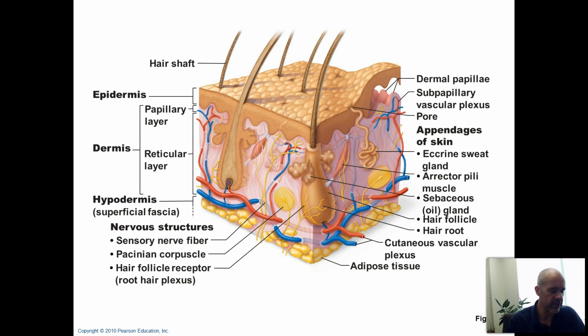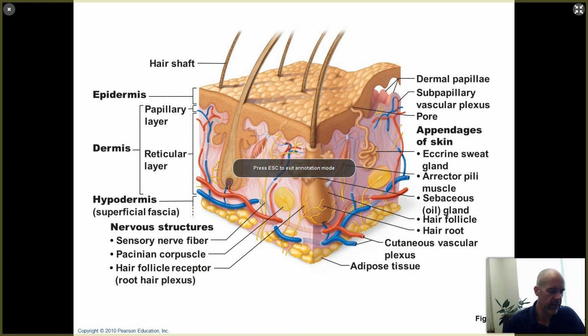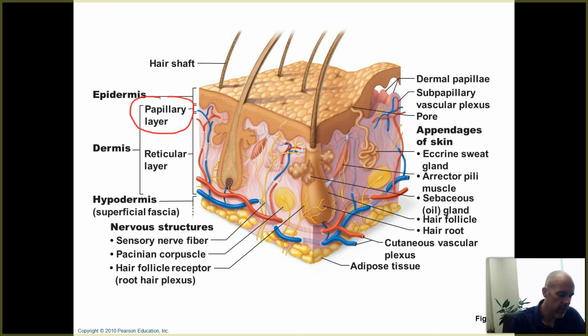All right, so let's bring up our generic skin chunk diagram here. So again, pretty much everything you see there shaded in pink is the dermis, and then the papillary sublayer. The bottom deep end of the epidermis is wavy.